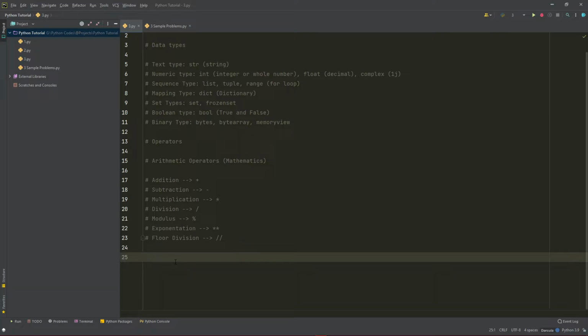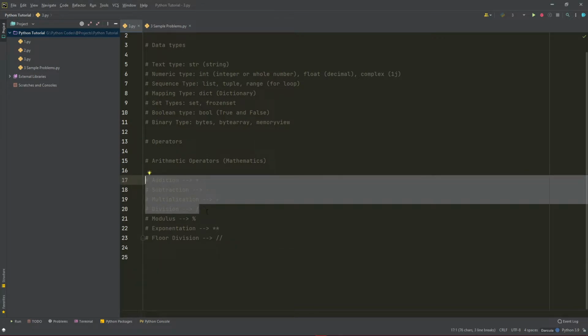Okay, so let's start with creating variables. Now you already learned how to create variables, and you already know that we can use two variables for multiple uses, right? So now we can exercise that knowledge to these arithmetic operators.